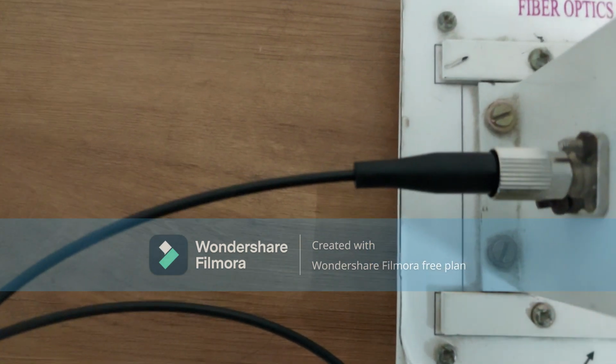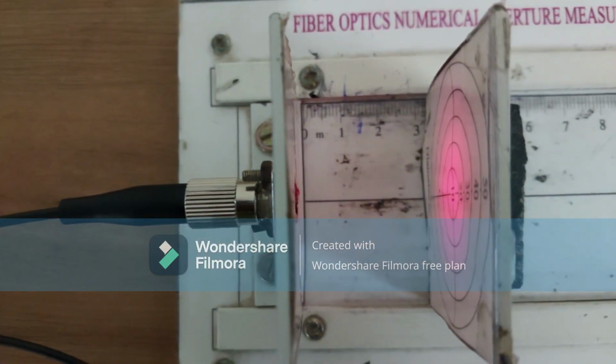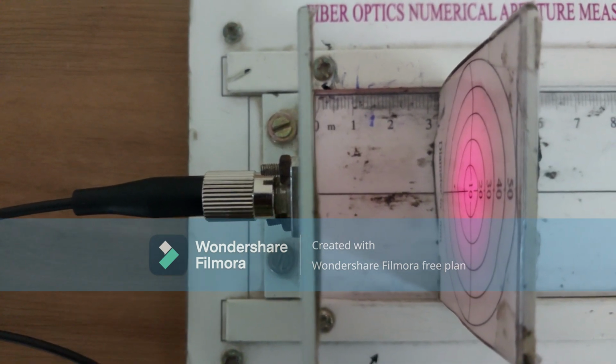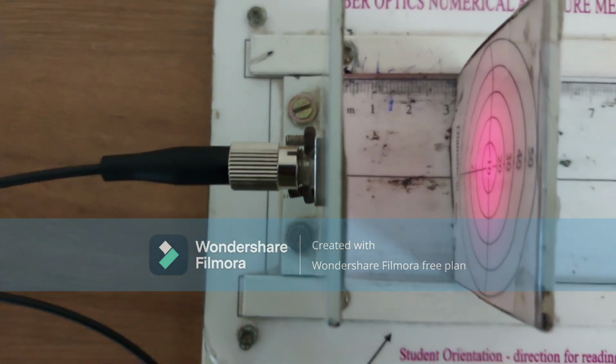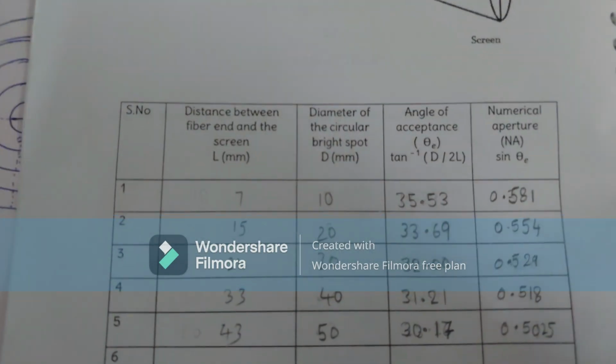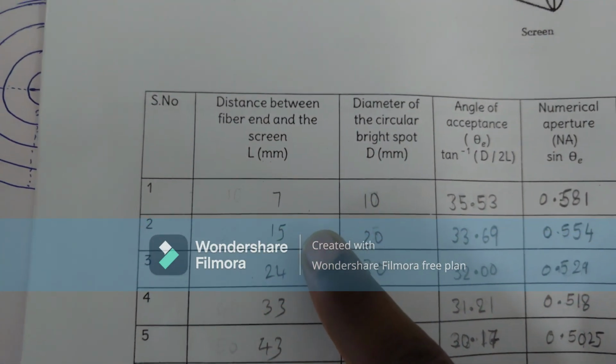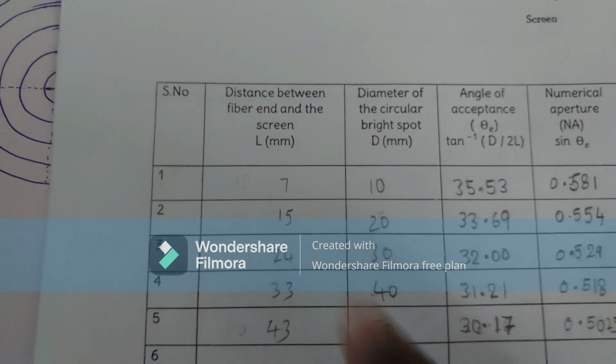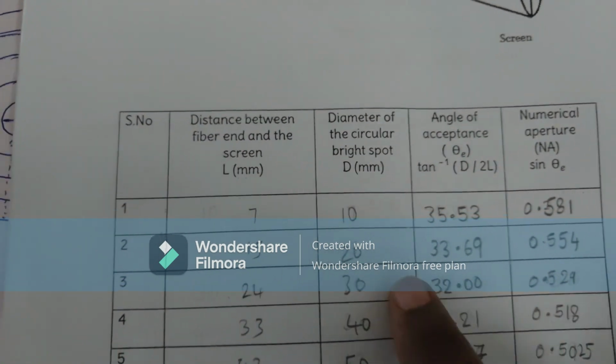Now the distance between the jig and the screen is about 32 millimeters. The 32 millimeters needs to be mentioned in the corresponding observation table for the corresponding ring diameter.